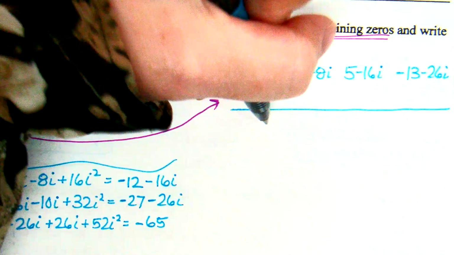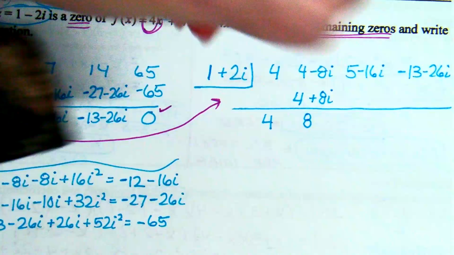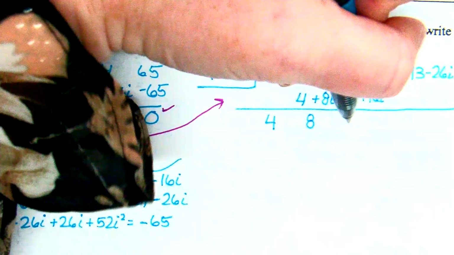This one's a lot easier. 1 plus 2i times 4 is 4 plus 8i. What happens when I add? 4 and 4 is 8. My i's cancel. Now it's 8 times 1 plus 2i, which is 8 plus 16i. 5 and 8 is 13.